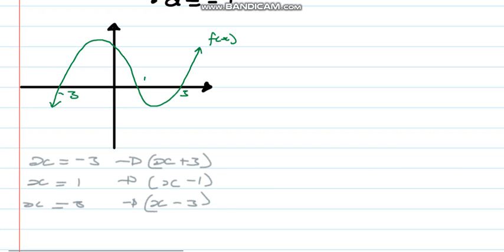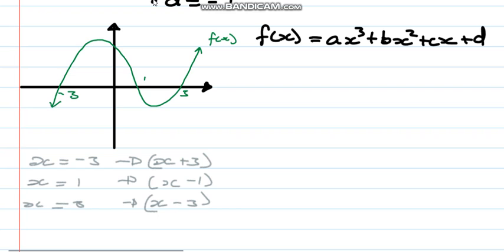Now let's take a look at how we would go about this. One could use factors if they want. Let's have a go here. We know that we're trying to find f of x is equal to ax cubed plus bx squared plus cx plus d.